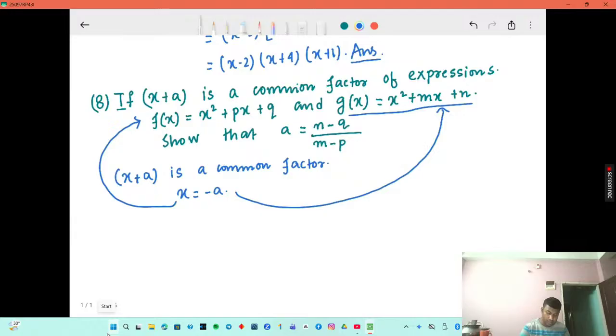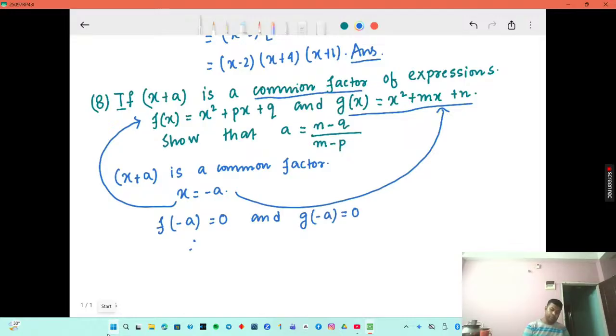In the question it is given that x plus a is a common factor. Is it okay? So I mean to say that f(-a) is equal to 0 and g(-a) is equal to 0.